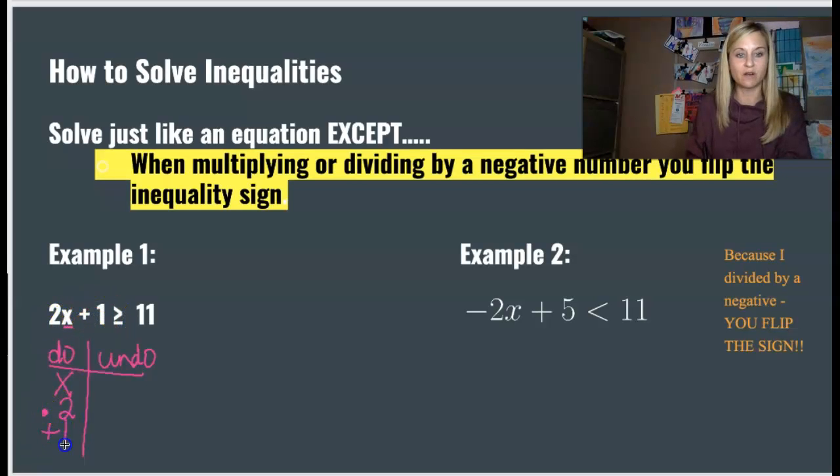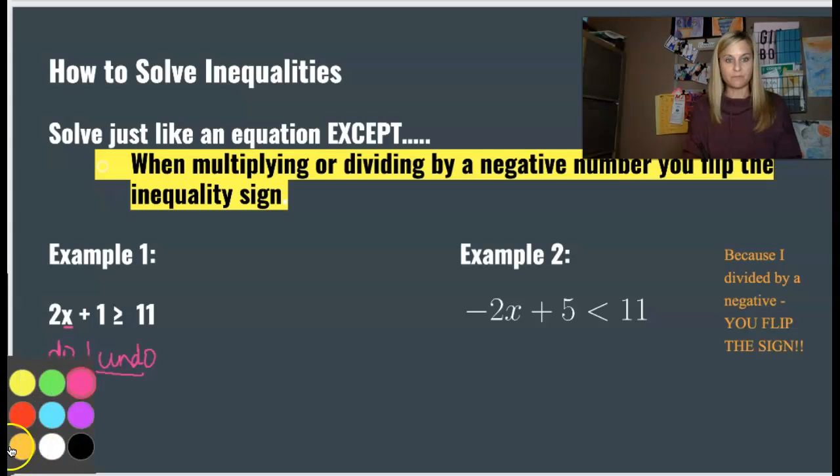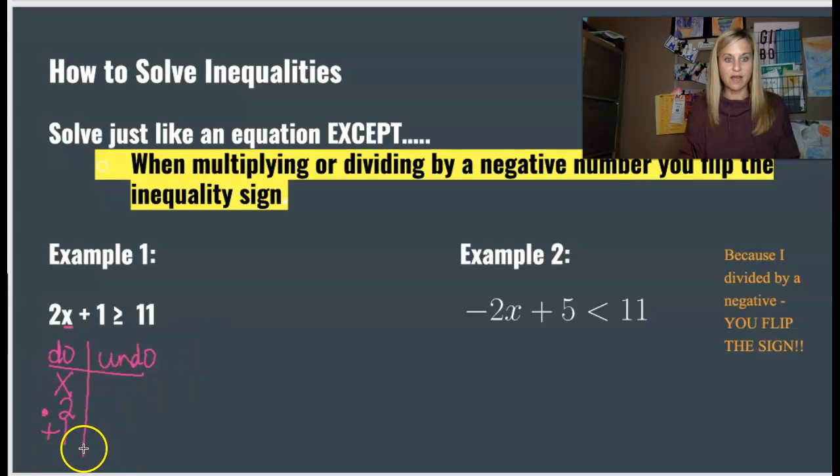So we're going to do all of our operations first, right? This time, though, instead of putting an equal sign, we are going to put our inequality sign. And that is 11. So same thing, opposite of add 1, subtract 1. Opposite of multiply by 2, divide by 2, okay?